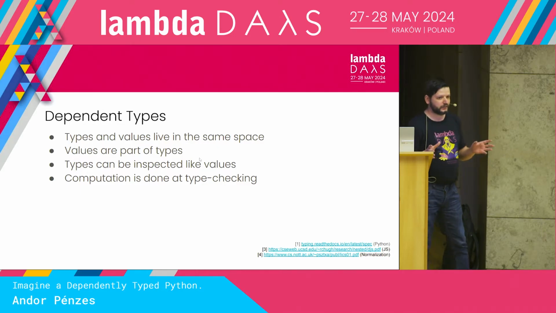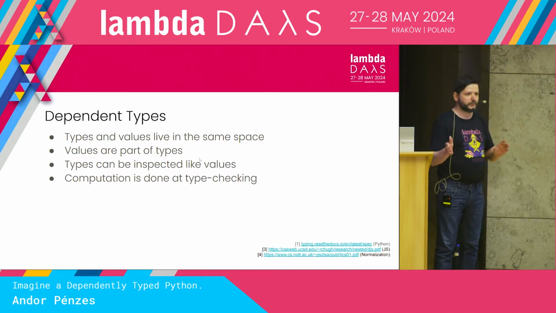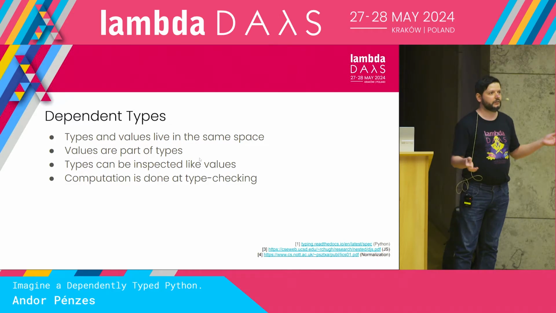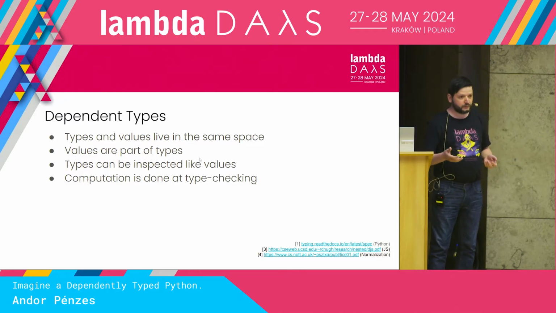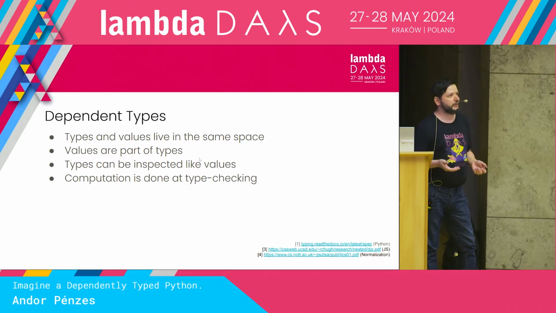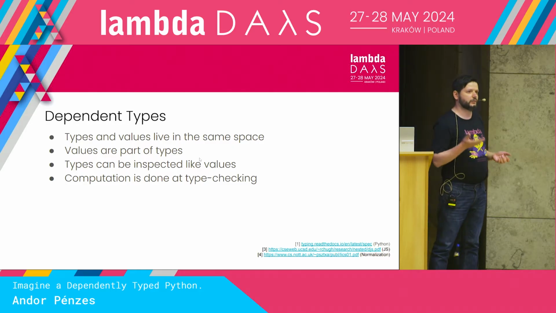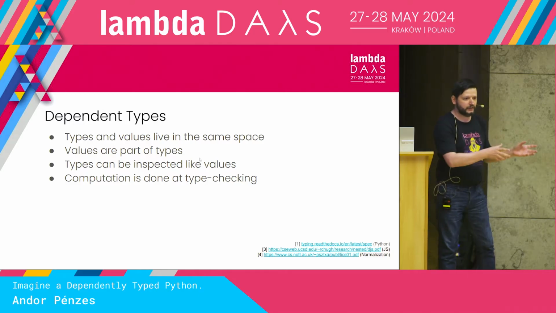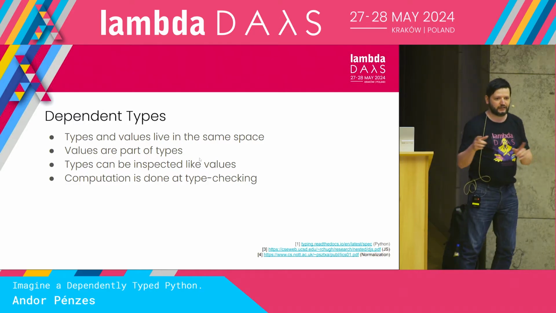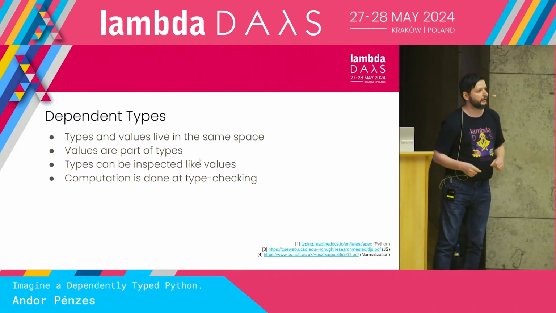That also points towards a dependently typed Python, because you have to handle types at runtime. So why not do that in Python? And also, when you implement a type checker, you have to implement computation, a normalization, in your type checker. So why not do type checking at runtime instead? That's another crazy idea of dependently typed Python.